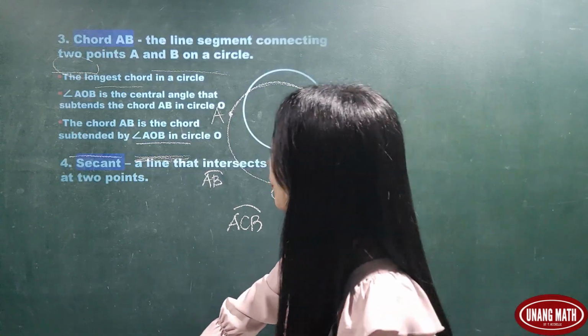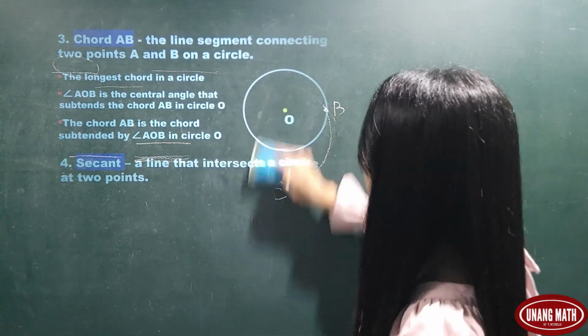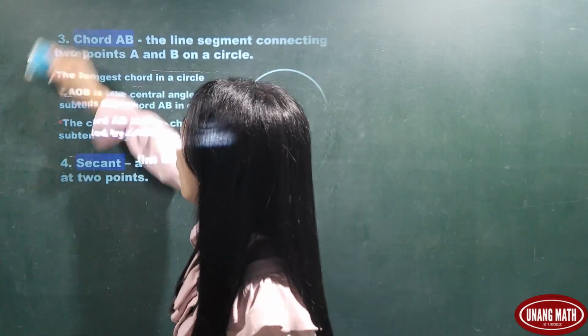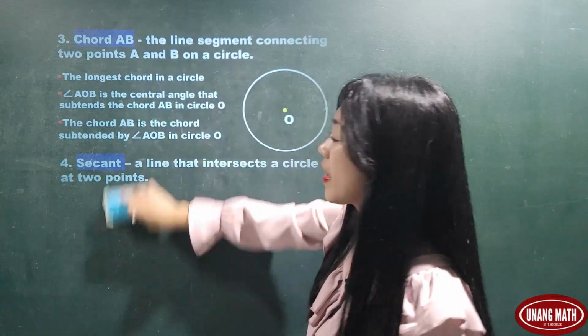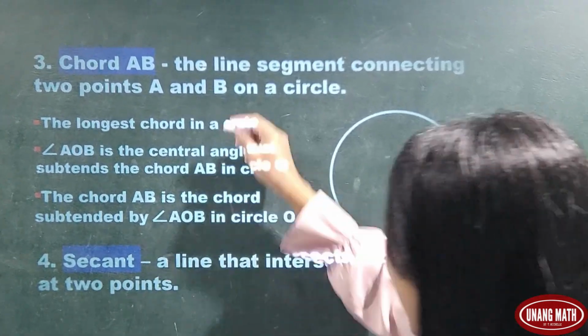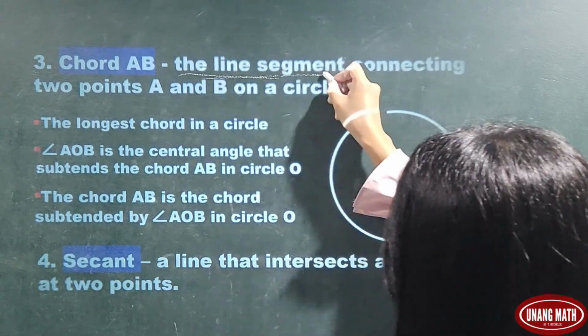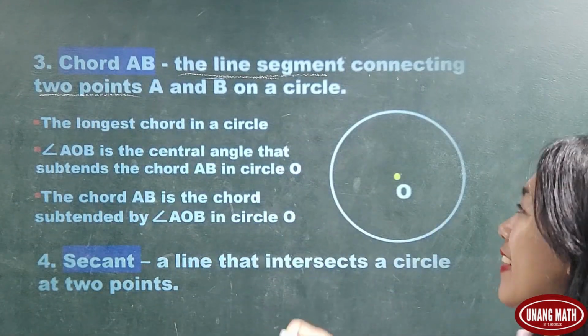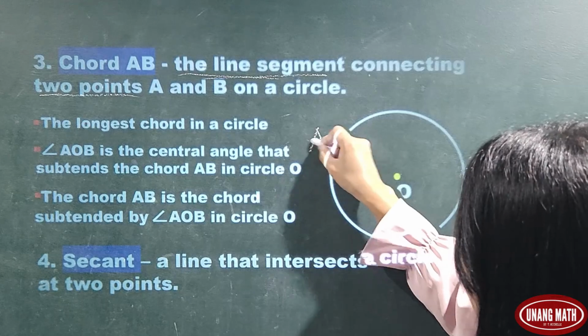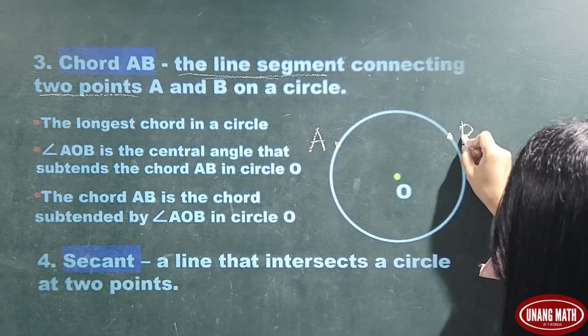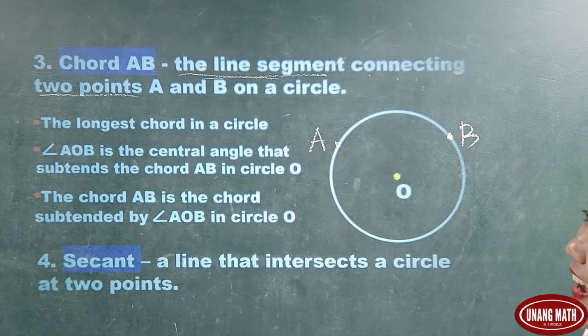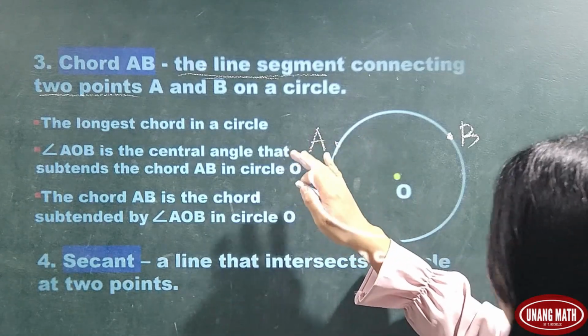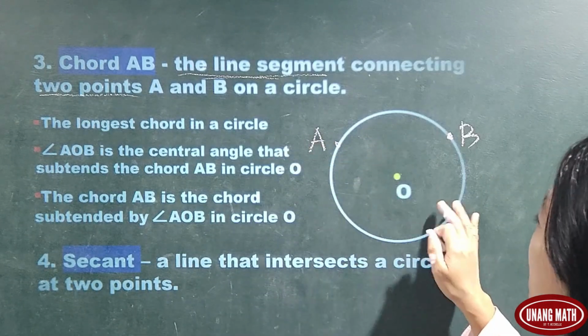Okay, what about the third term? The third term is chord. And when we say chord, this is a line segment connecting 2 points. Okay, let's say this is point A, this is point B. Okay, let's draw chord AB in this circle.